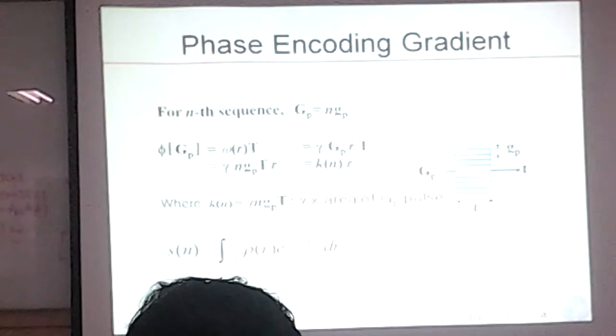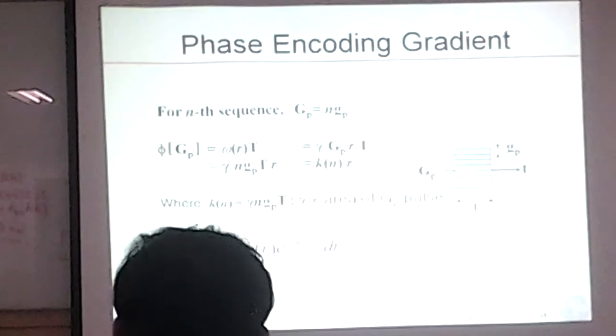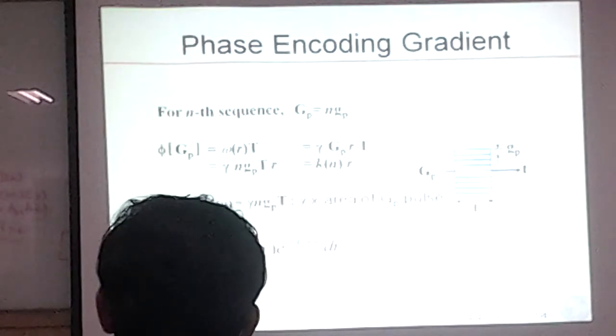So phase is K product r. So from this equation, the MRI signal can be written like this. Phase is written by K and product r.